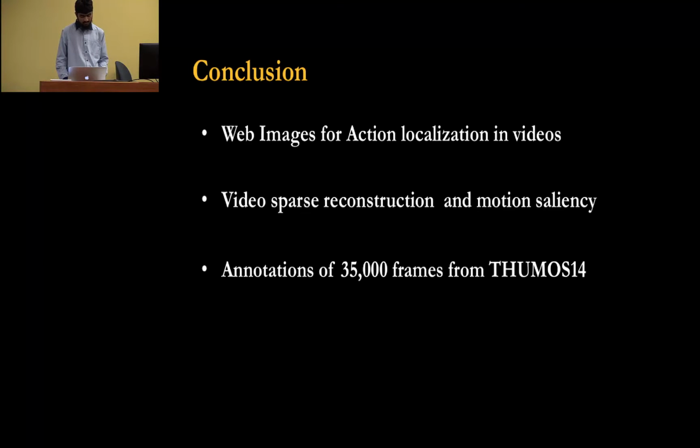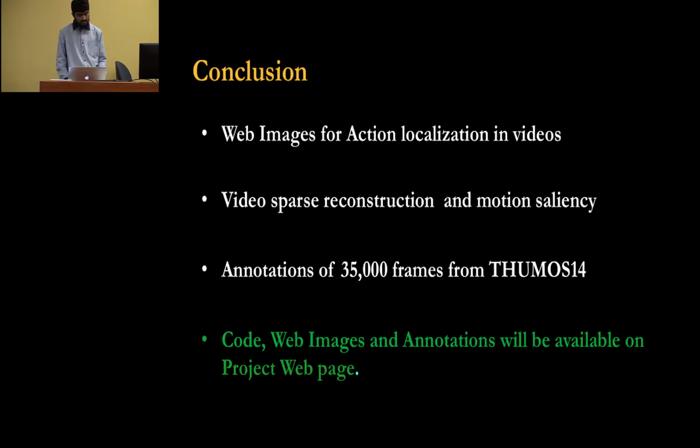We will release the annotation of 35,000 frames of Thumos 14 for the 4 actions, and we believe that this is a very important and very challenging problem, so in order to facilitate further research in this direction, we will release code, web images and annotation on our web page soon. Thank you very much.